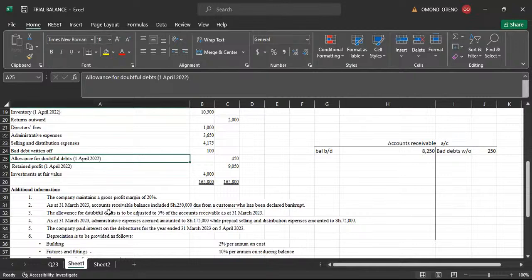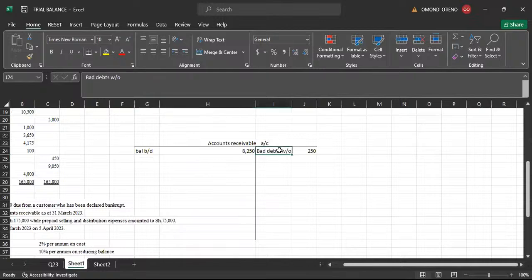So the provision here is to be adjusted to 5% of accounts receivable. So as at the last day, this is what they indicated, 8250 that is receivable. But then this amount included 250 that is going to be written off. Once that is taken away, we need to get the net accounts receivable amount so that we take 5%.